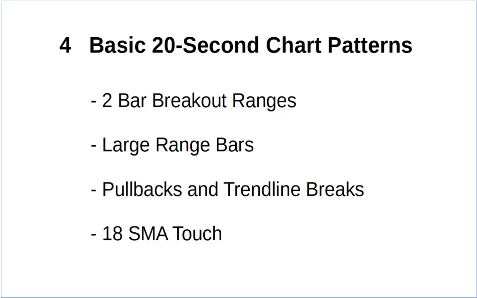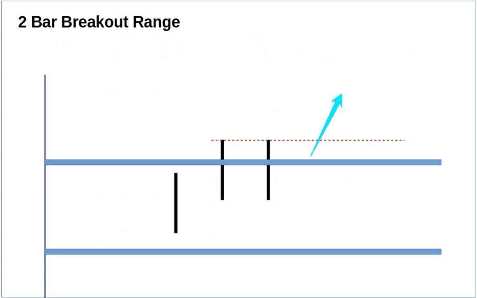And then there is the 18 simple moving average touch, which I think I have a good example of too. Okay, so our tried and true breakout method is to wait for 2 20-second bars to penetrate either the top or the bottom of the range, and then we play off of that little micro range.